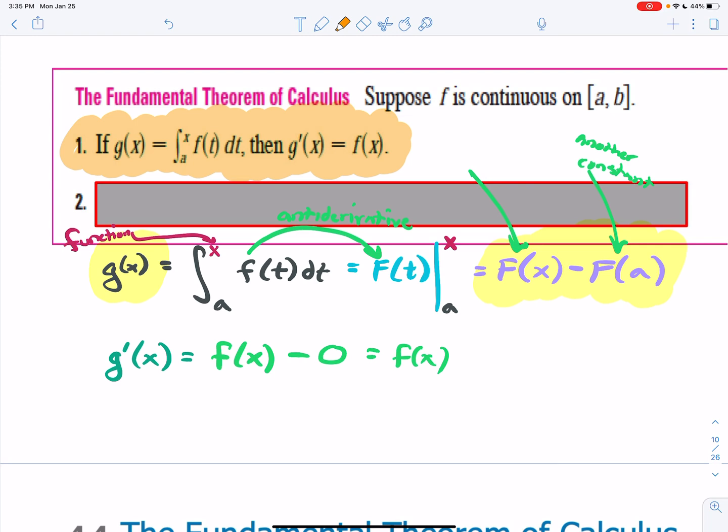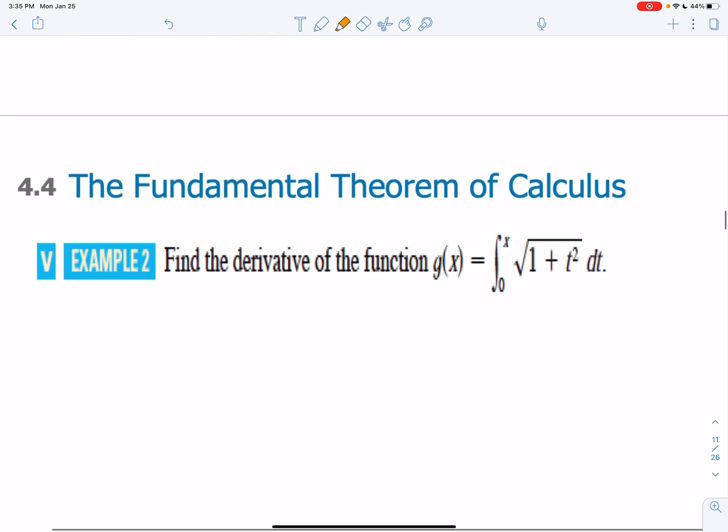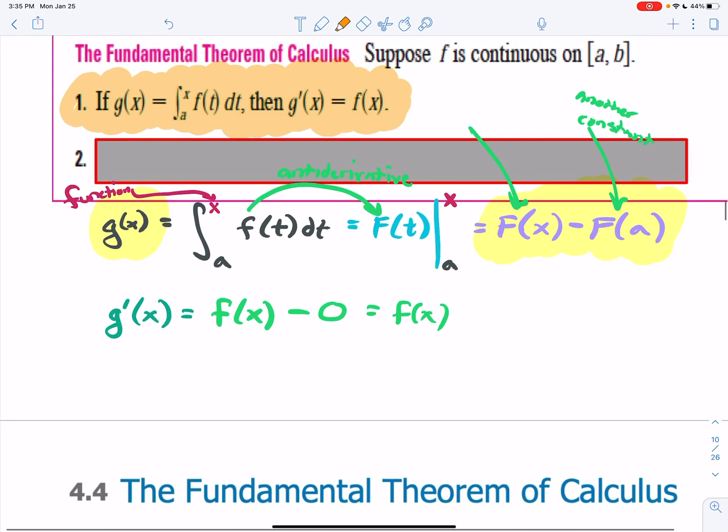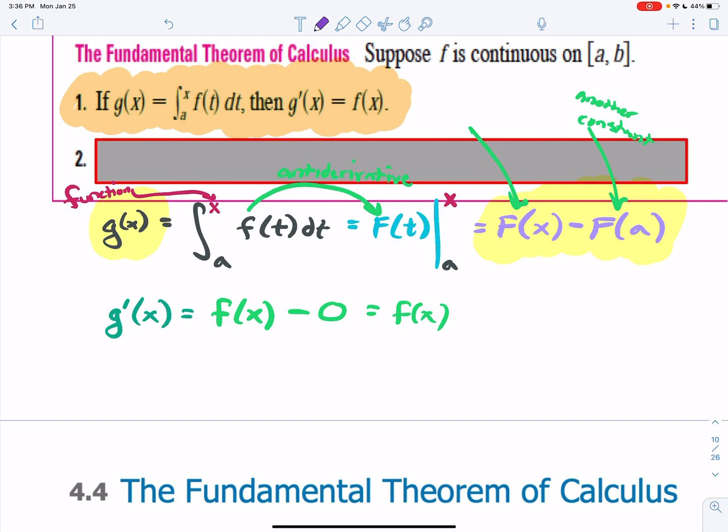They're inverses. So let me show you how this works. Instead of taking the integral and then plugging in the upper and lower, and then taking the derivative of it, the shortcut here is, let me kind of erase all of the steps in between.